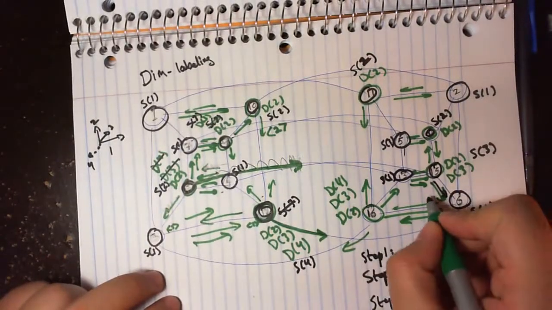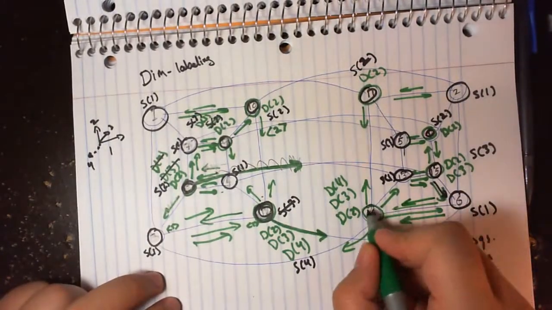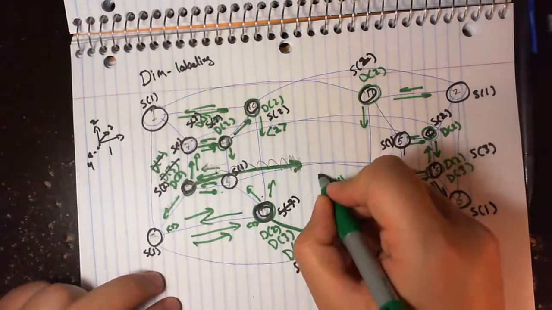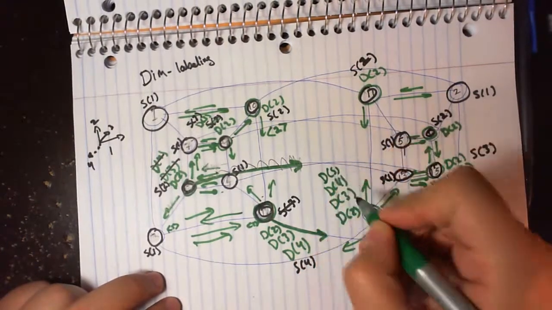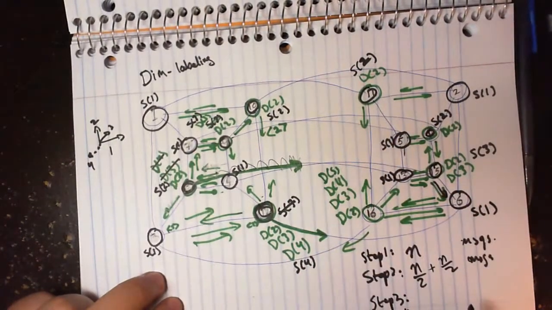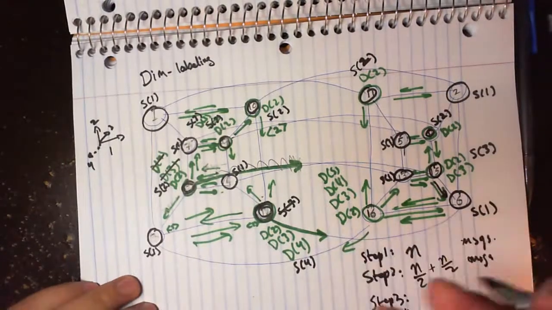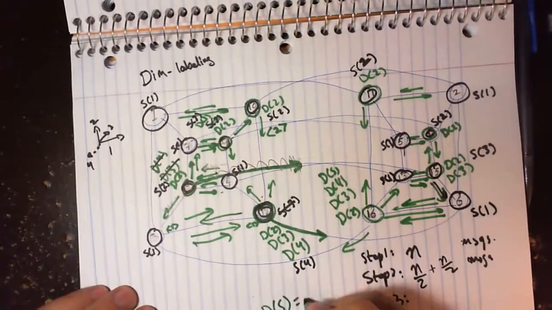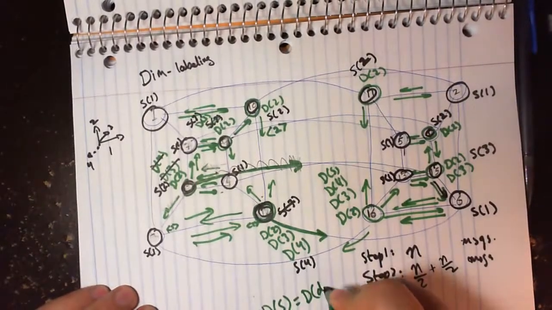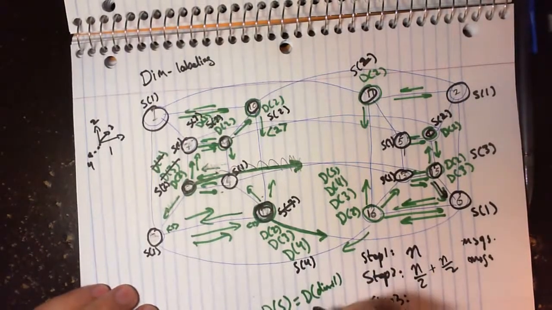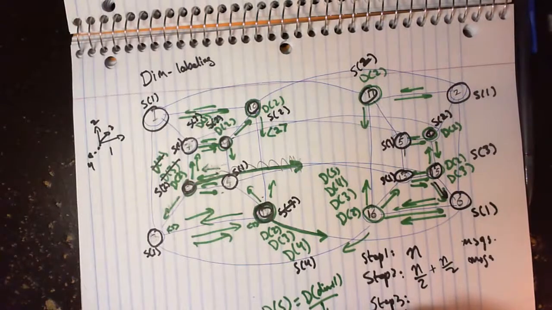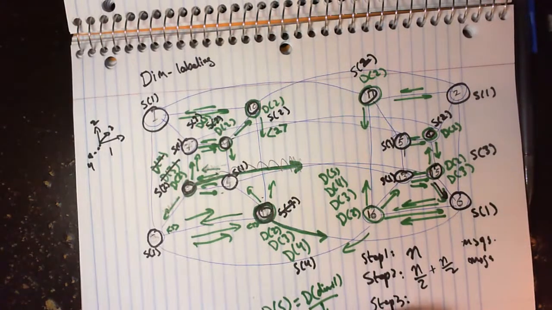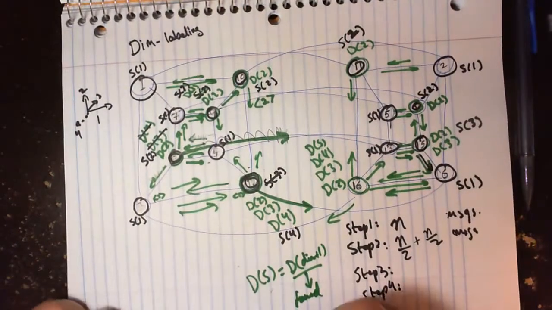So there's an attack, and here's another attack on 16. 16 realizes it's just 1, so it becomes D5. Okay, so that's D of K plus 1, right? So 5 is equal to D of dimension plus 1, which means we just found the leader.